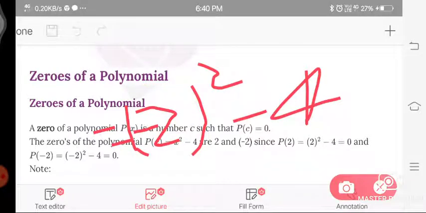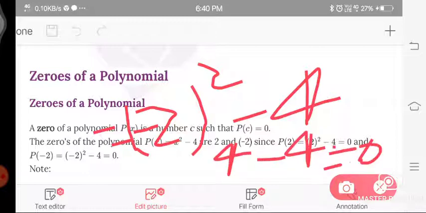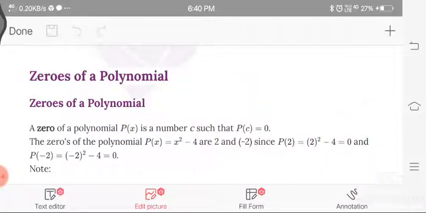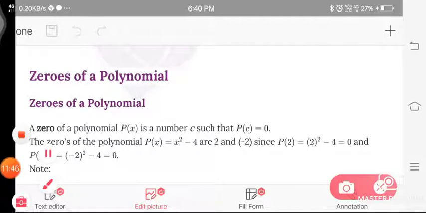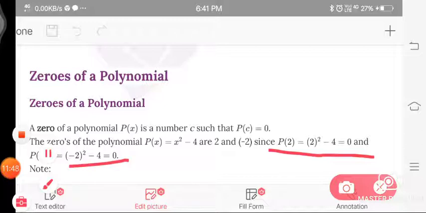Then minus 2 square is equal to 4, 4 minus 4, then it will be 0. So we can say that minus 2 is the zero of this particular polynomial, since p(2) is equal to 0 and p(minus 2) is equal to 0.